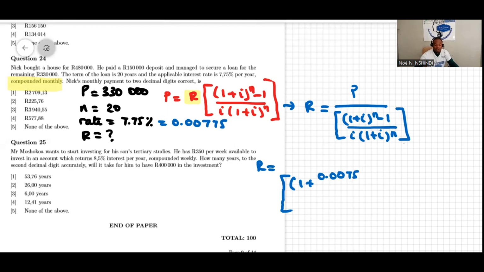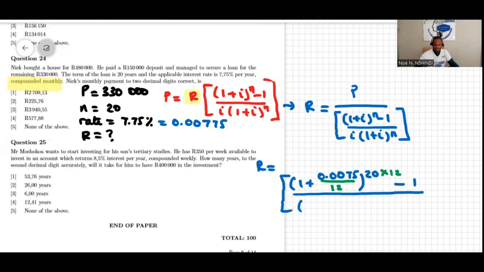When they say compounded monthly, it means I must divide this by 12, raised to the power of n, which is 20, but because there are 12 months in the year, I times by 12. Then minus 1.